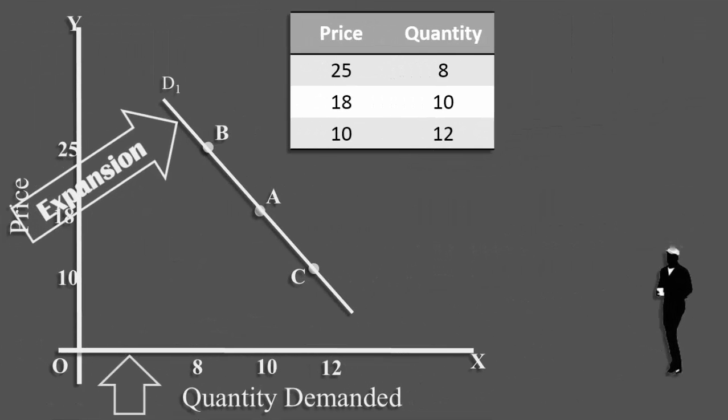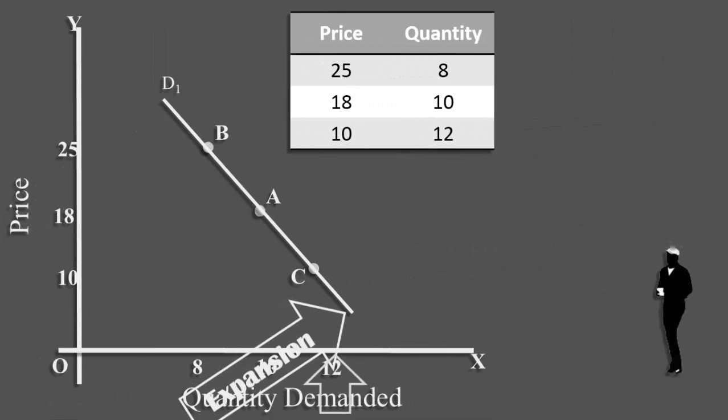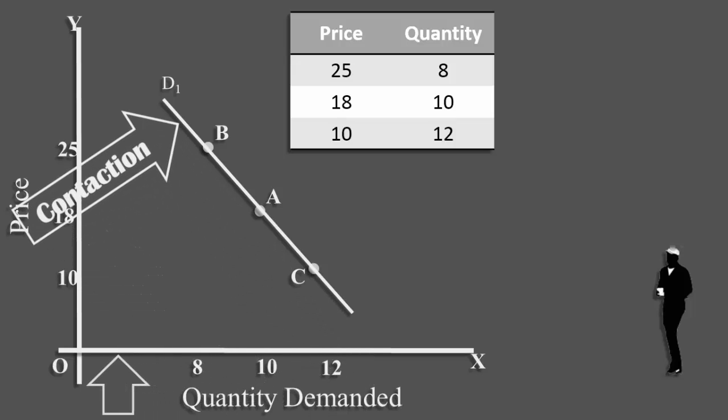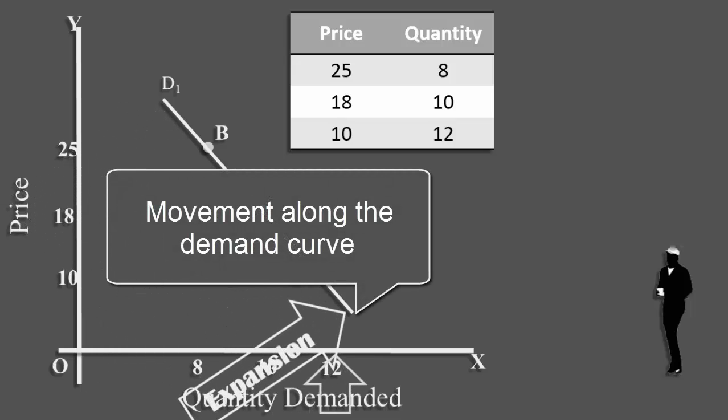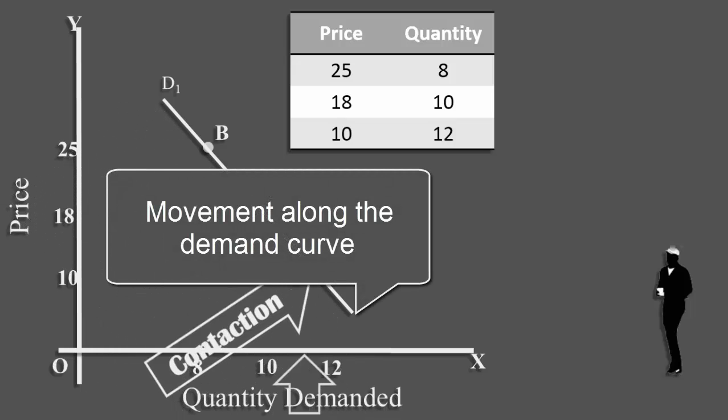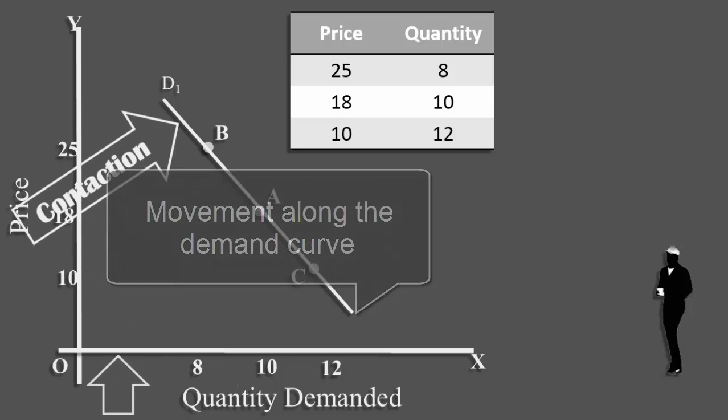Note, expansion and contraction take place along the same demand curve. They take place within the same demand schedule. Again, understand, both expansion and contraction are known as a movement along the demand curve.